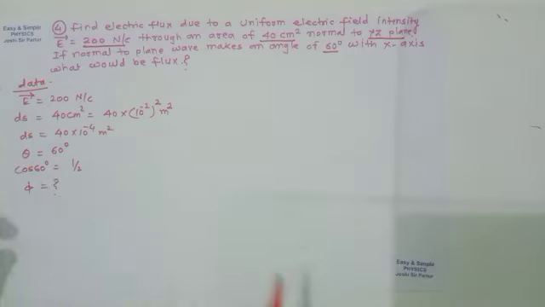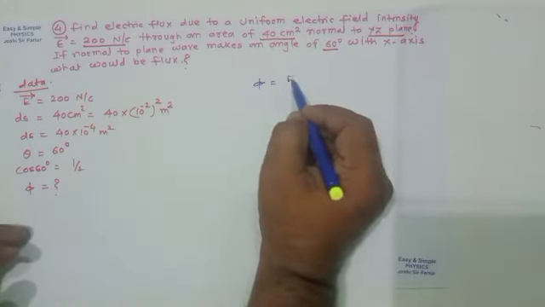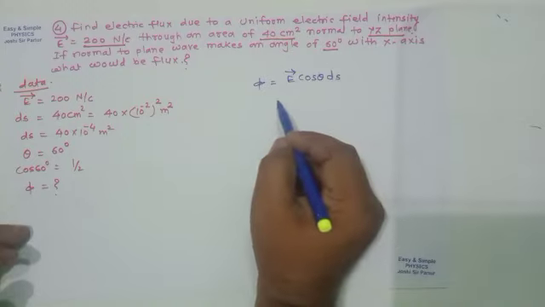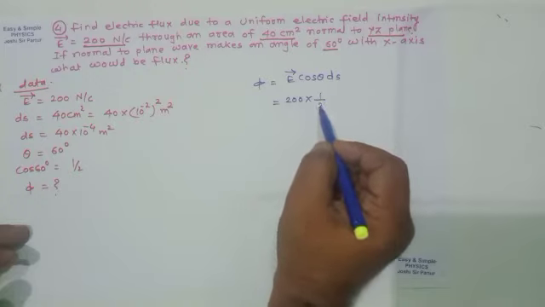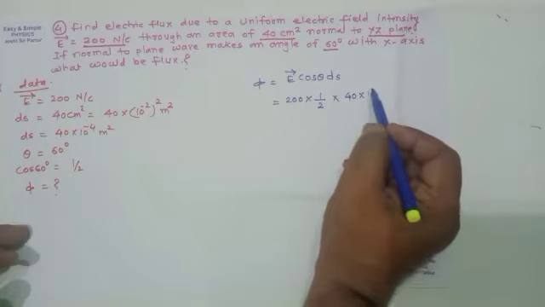Using the formula, electric flux phi is equal to E cos theta ds. See here, 200 multiplied by 1 upon 2 multiplied by 40 into 10 raised to minus 4.